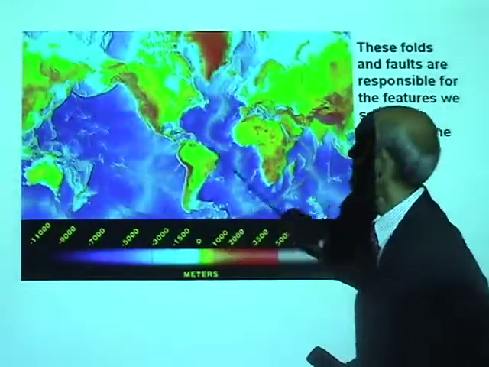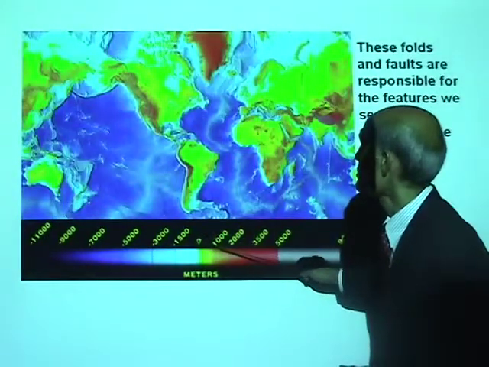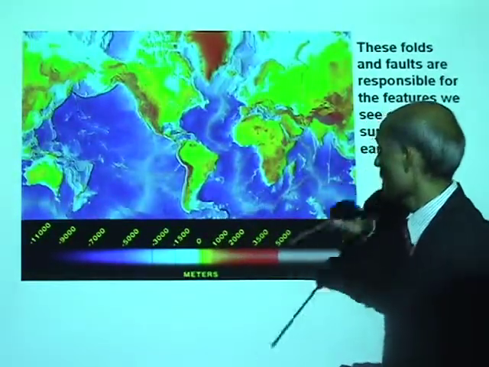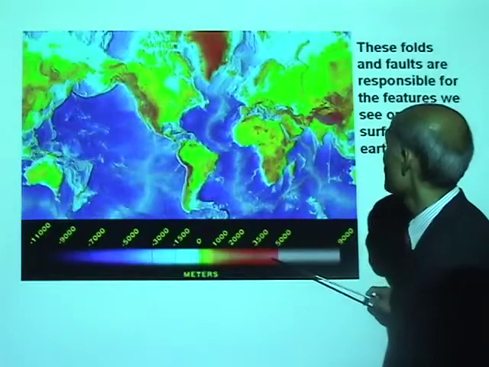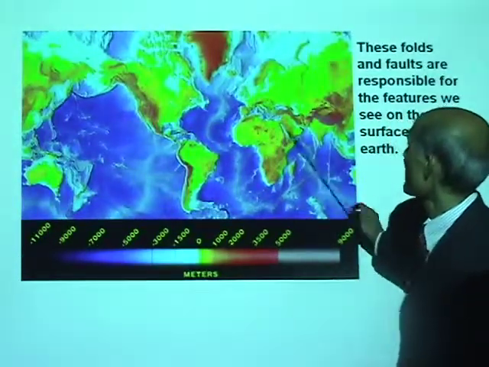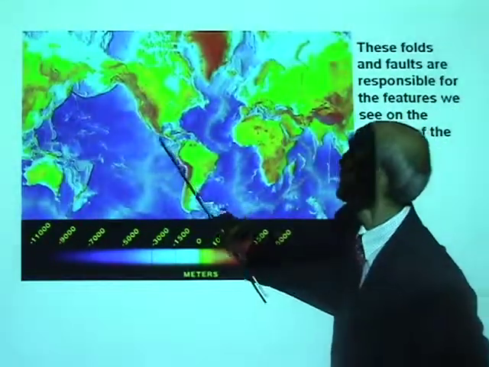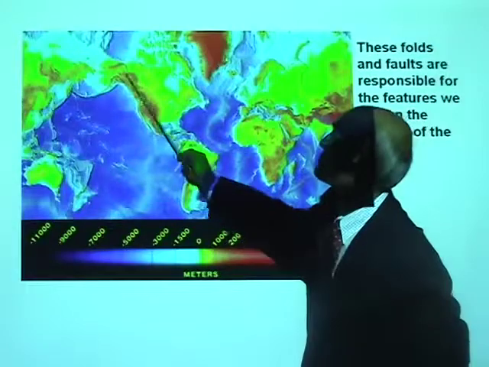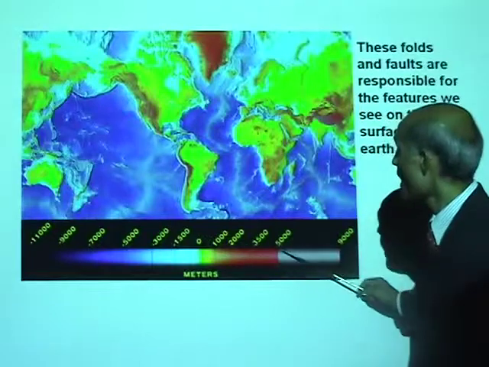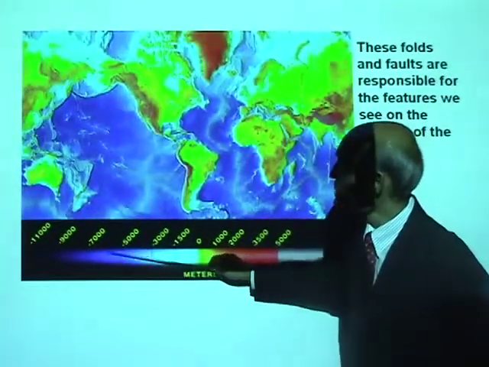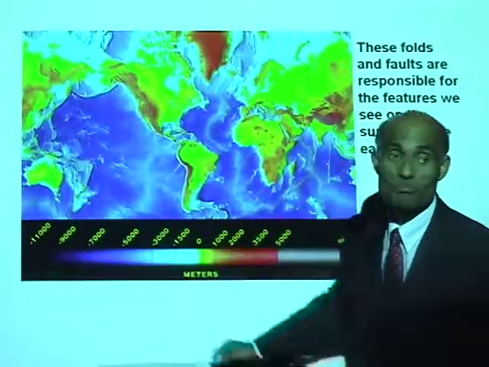If you look at this, the colors indicate the height. Now here, this is about 0. That means as you go on, the red colors indicate very high altitude. Now that means all these mountain regions, look at the Himalayas, they are very high altitude. These are the Andes, these are the western mountain ranges. All these are very high altitude, and as you go deeper into blue, they are say about 11,000 feet below sea level.